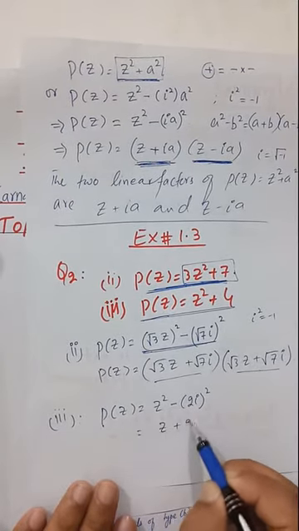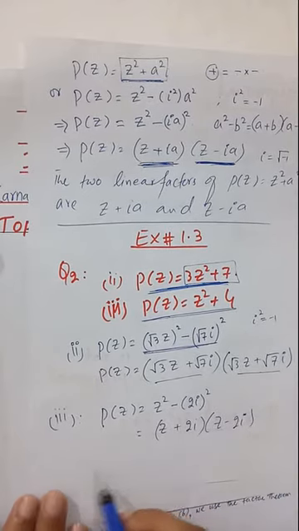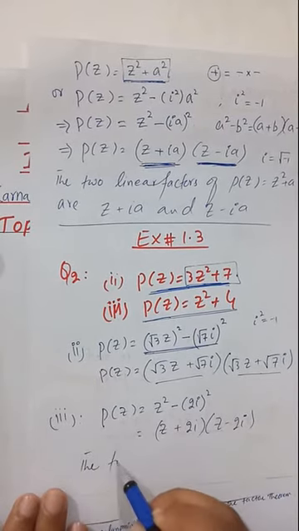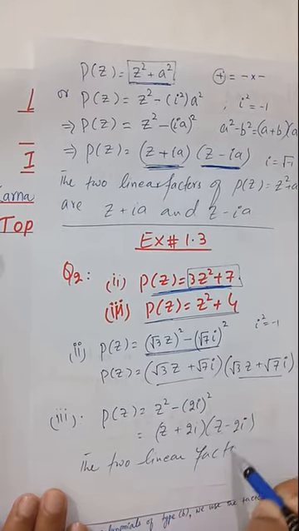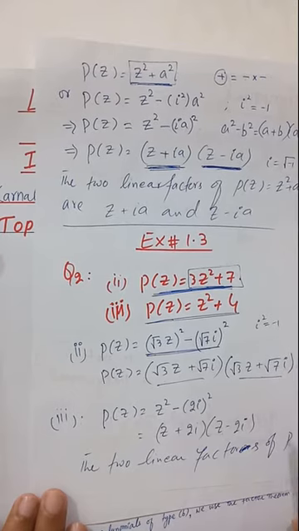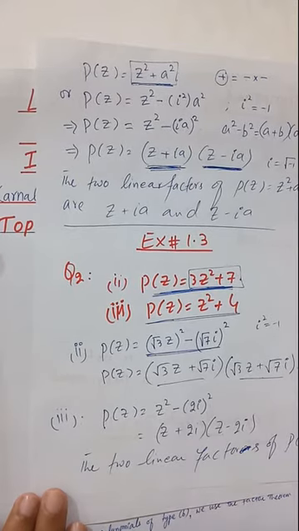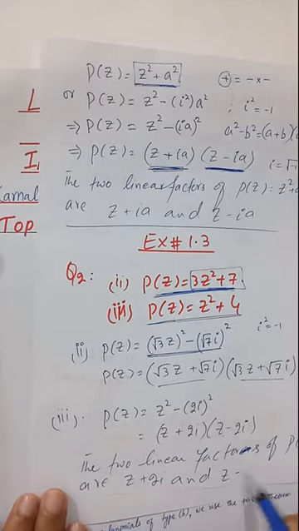So this is z plus 2 iota, and this is z minus 2 iota. So you will write here the two linear factors of p of z, which is z square plus 4, are z plus 2 iota and z minus 2 iota.